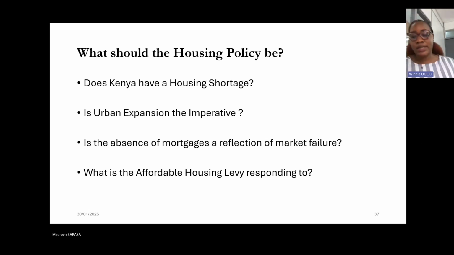Having said that, I hope we can now better interpret the Kenya Housing Survey and link it back to ongoing conversations around affordable housing and housing policy in Kenya.